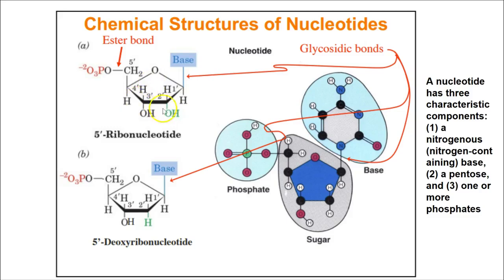As far as the sugar, the ribonucleotide has the hydroxyl group on the second carbon of the carbohydrate ring, and when you have the oxygen removed, this is the deoxyribonucleotide.